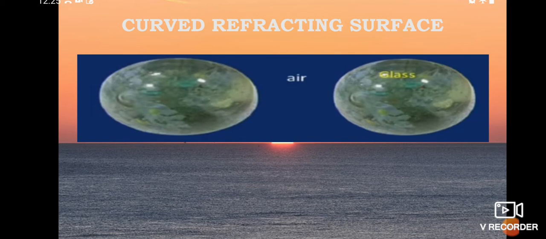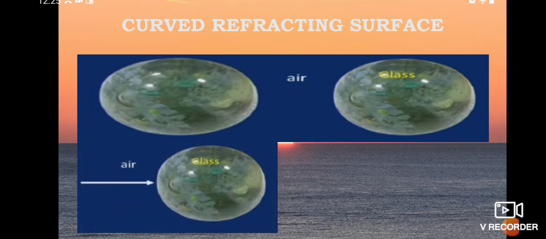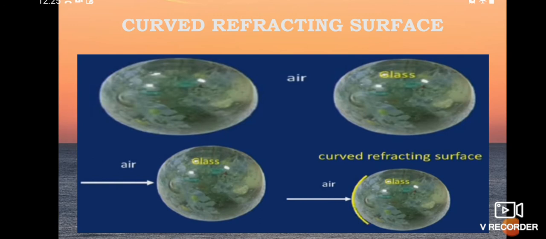Okay students, see here, when the light ray is traveling to hit the outer surface of the sphere, that portion of the sphere is called the interface. So here the light ray is traveling to hit the outer surface of the sphere, where the light ray is entering into the paperweight, the glass medium, so here it is in curved shape.